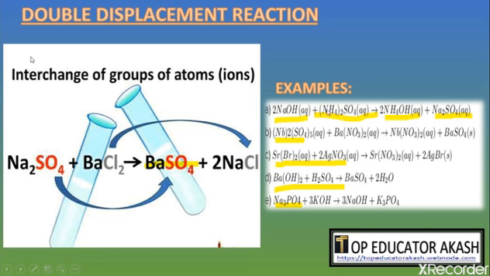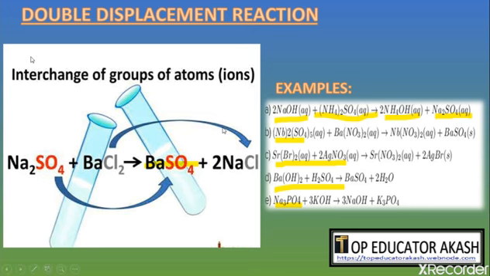When it is reacted with ammonium sulfate, then ammonium hydroxide and sodium sulfate are formed. When barium hydroxide plus H2SO4 are reacted, then BaSO4, that is barium sulfate, and H2O, water, are formed.